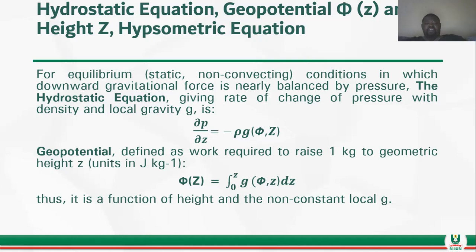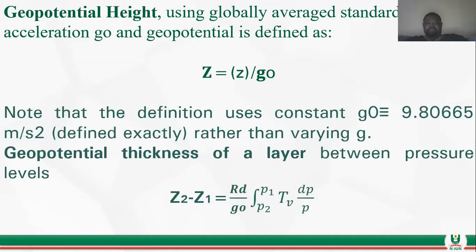Thus, it is a function of height and the non-constant local gravity. Geopotential height, using the globally average standard acceleration g0, is defined as Z equals capital Z over g0, where small g is the local gravity.